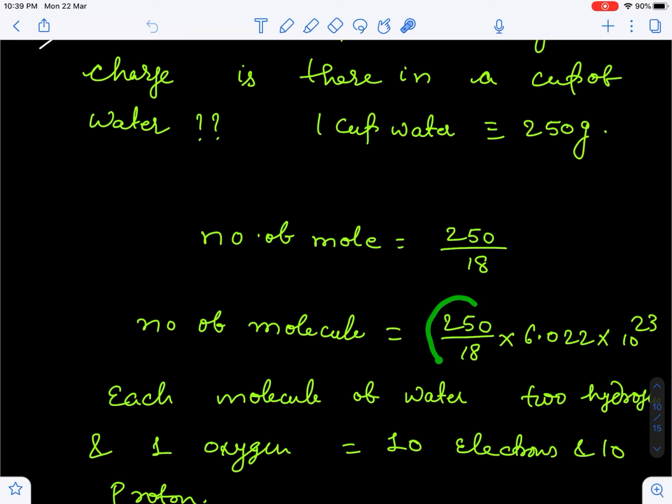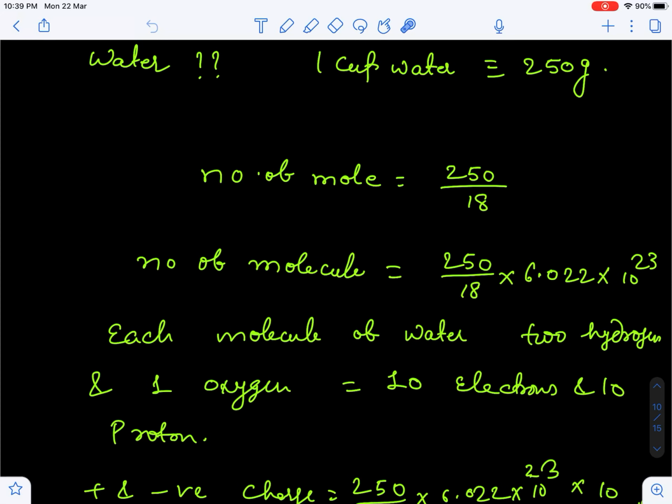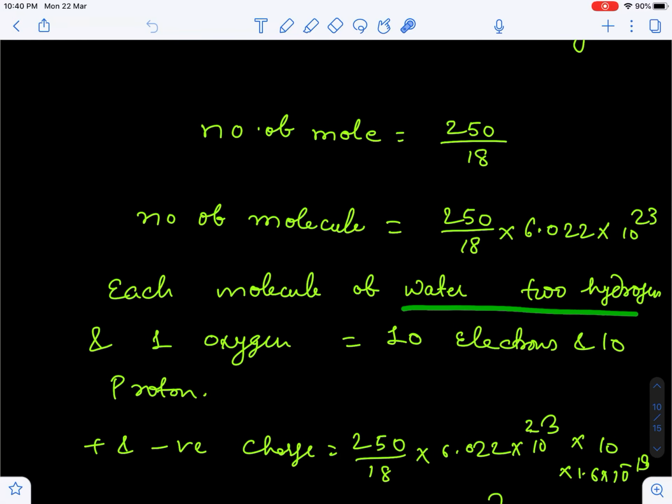Whatever value we get, that is the number of molecules present in 250 gram of water. So the number of molecules present in 250 gram of water is 250 by 18 into 6.022 into 10 to the power 23.